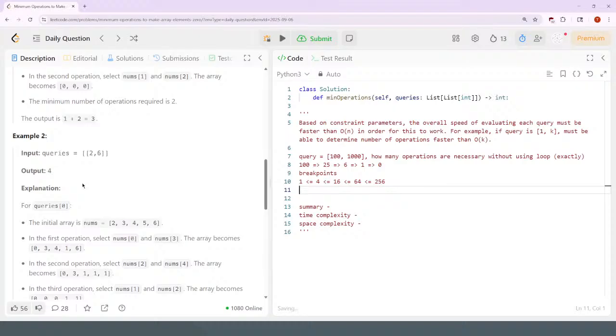If it's above the breakpoints, 6 still goes to 1, and 15 still goes to 1. How does this breakpoint work?